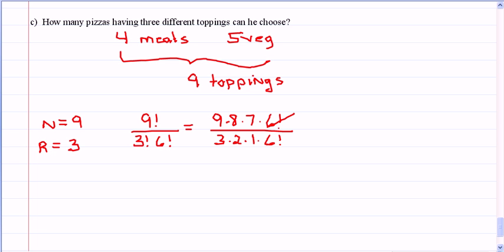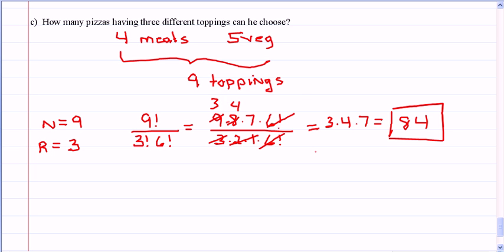The 6's cancel. The 2 and 1 reduce with the 8 and make it a 4. The 3 cancels with the 9 to make it a 3, so that we have 3 times 4 times 7, and 3 times 4 times 7 is equal to 84. So if he could choose any 3 toppings, he has 84 different possible pizzas that he could make.